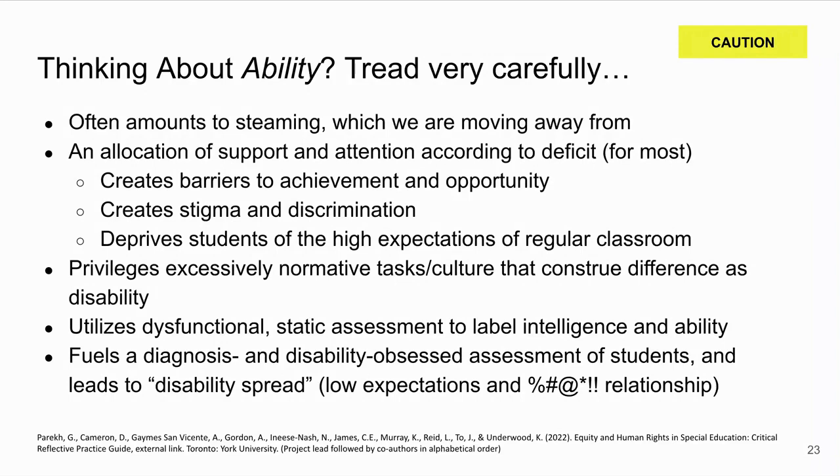When we focus all the time on high, middle, low, we really fuel this diagnosis and disability obsessed assessment of students, where we're constantly looking to sort out the students who are not as good at certain skills, and it leads to a phenomenon called disability spread, where we tend to see those students through a lens of deficit and hold low expectations for them, which is really not great for our relationship.